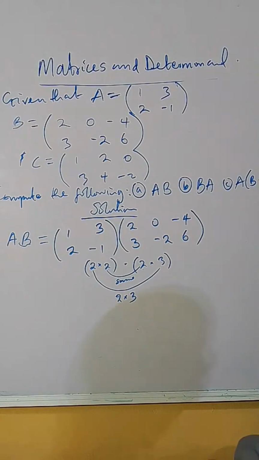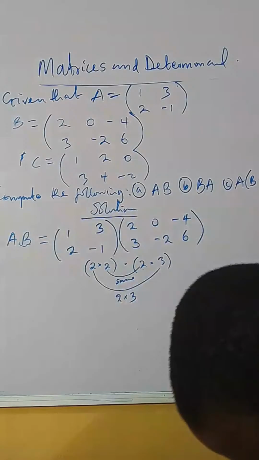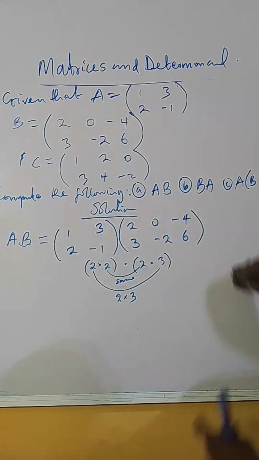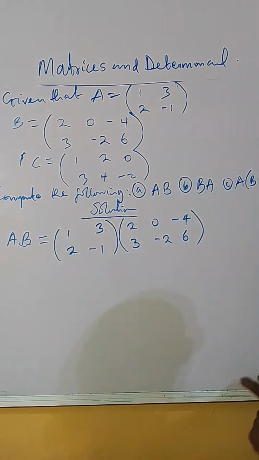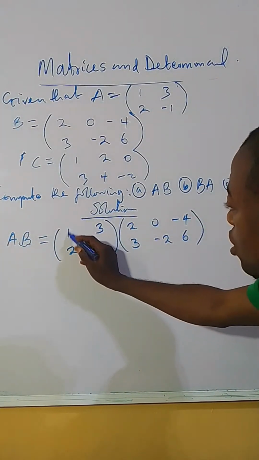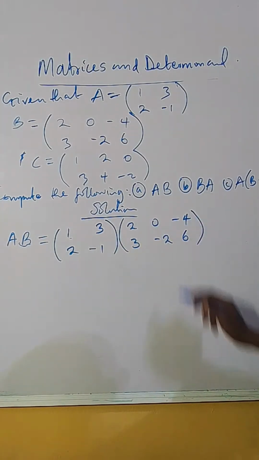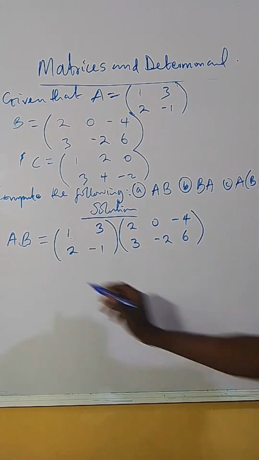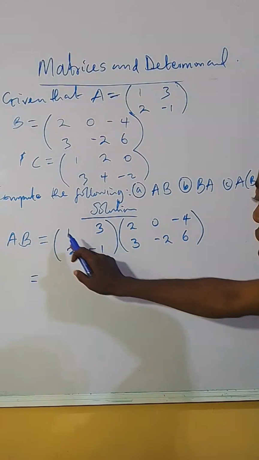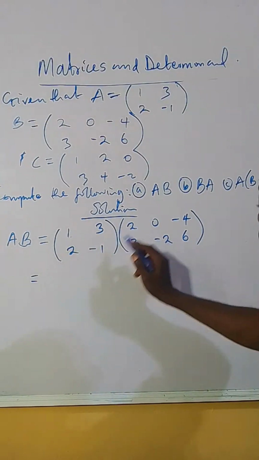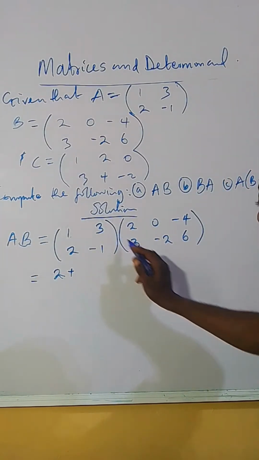Then let's now multiply. We use the first matrix to multiply the other one. Each row of the first, we multiply with each column. For the first column, this row multiplies the first column, the first element by the first element: 1 times 2, that's 2, plus 3 times 3, that's 9.